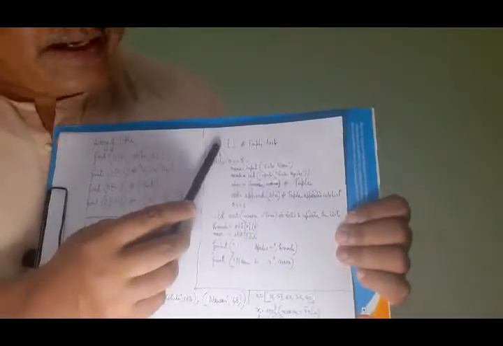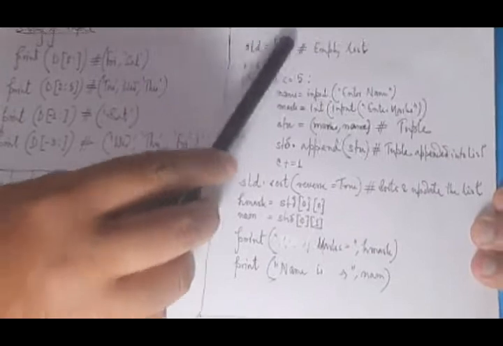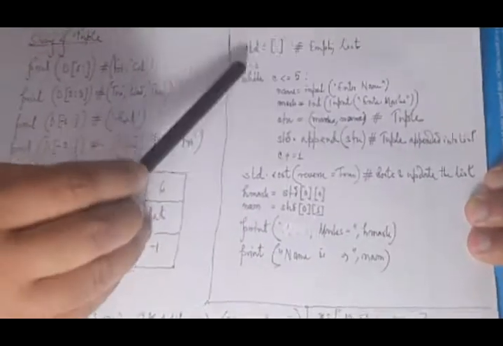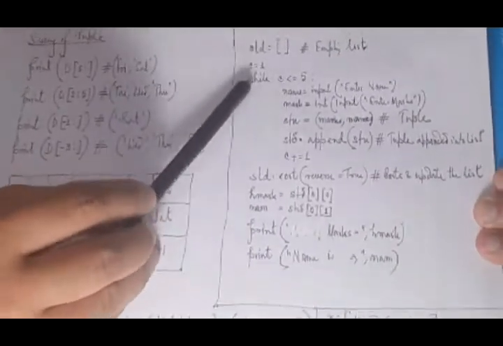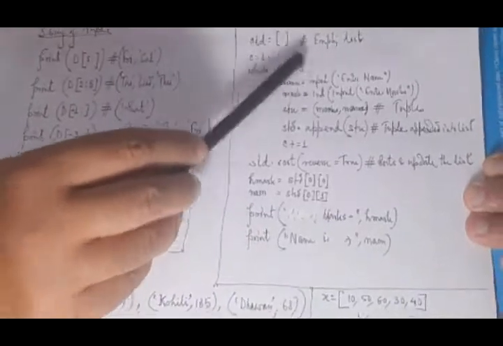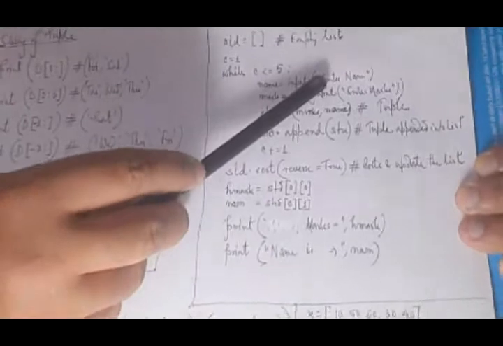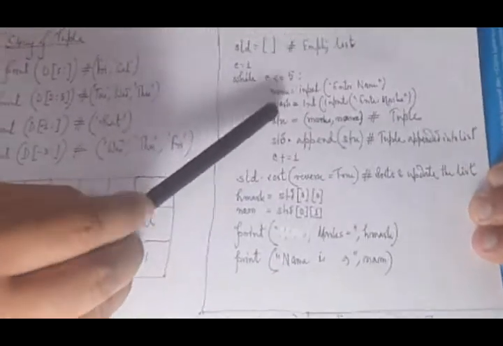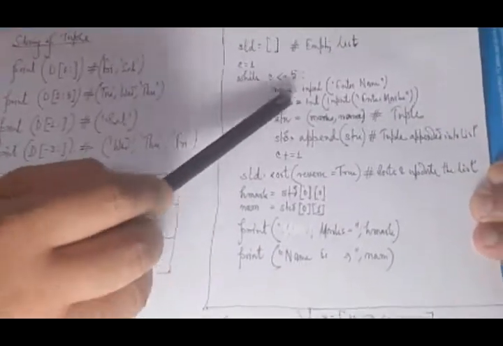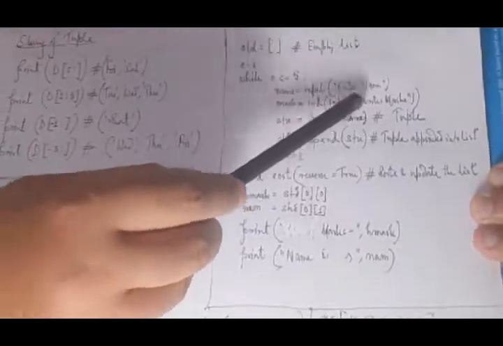So first we have created an empty list, then count is 1, while count is less than or equal to 5, so 5 times this loop will run. Name is input, enter name, and marks, the variable is mark, int input, enter mark.